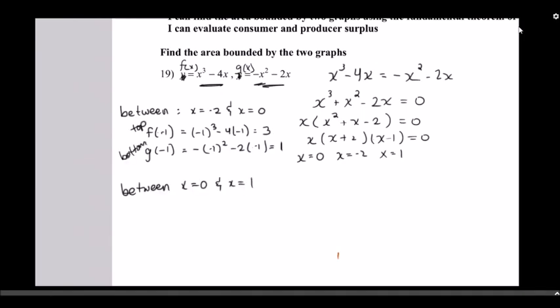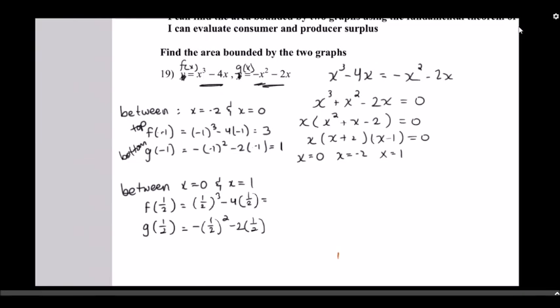We don't have a lot of options, 1/2 for example, so we need to choose f of 1/2 and g of 1/2. So this is going to be 1/2 to the third minus 4 times 1/2. This one's going to be negative 1/2 squared minus 2 times 1/2.